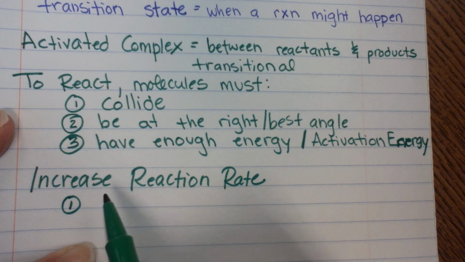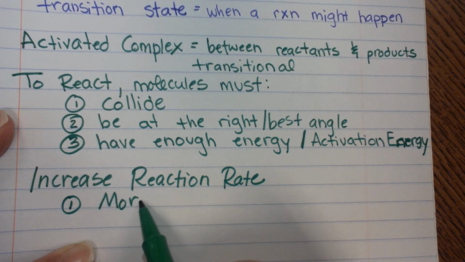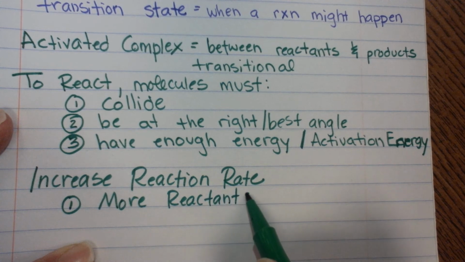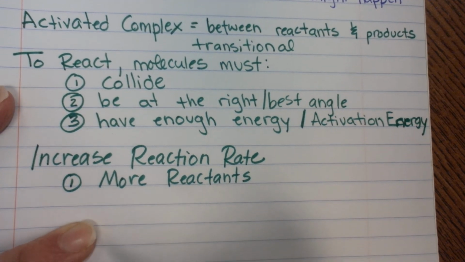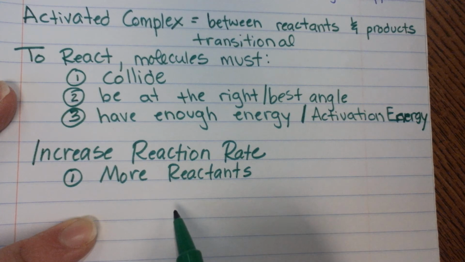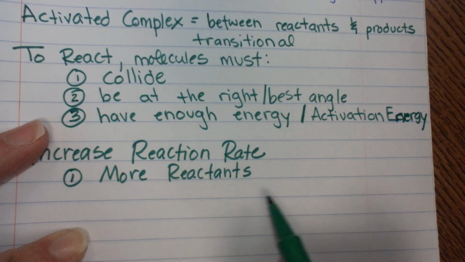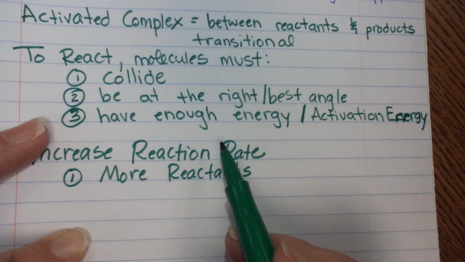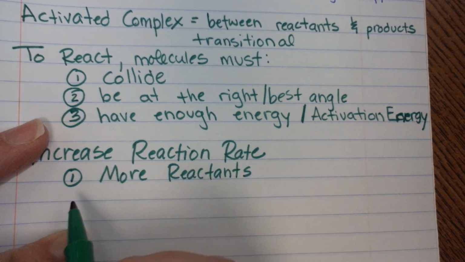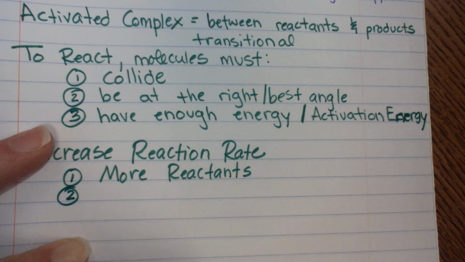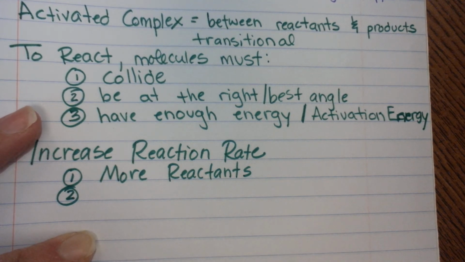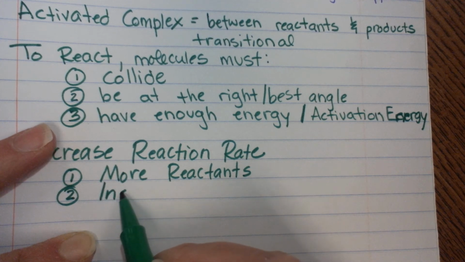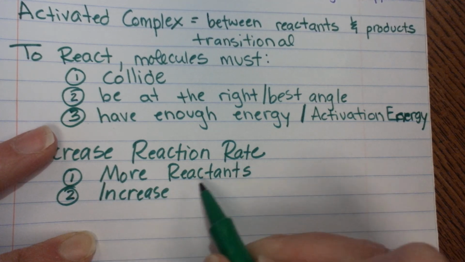First, we could have more reactants. If I just flood the system, then I have all of these reactants. They're going to run into each other more often, so it's more probable that the reaction is going to happen. Second, I could increase surface area for reactions to happen.